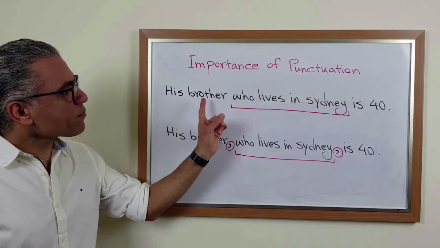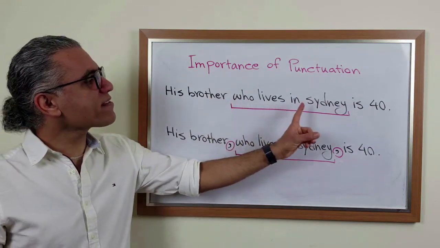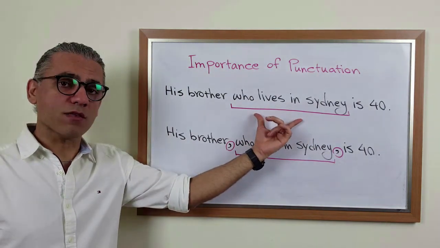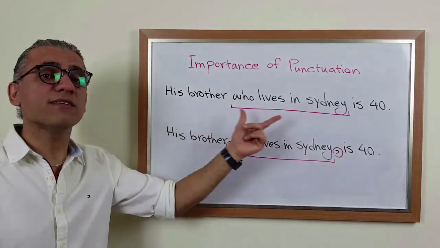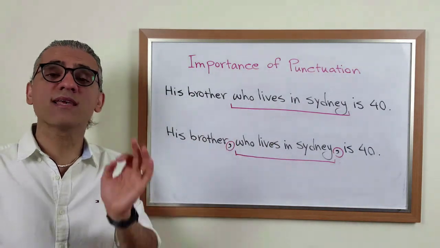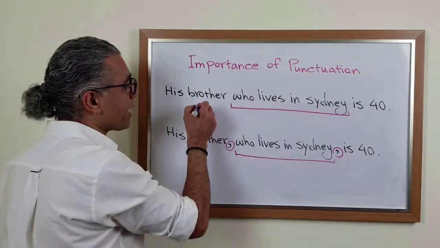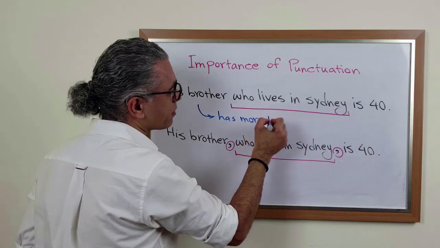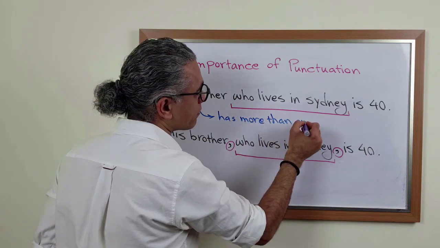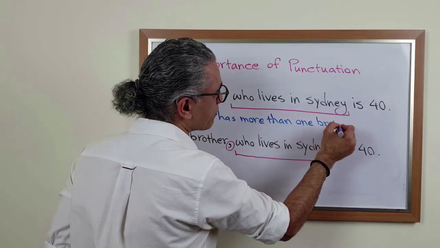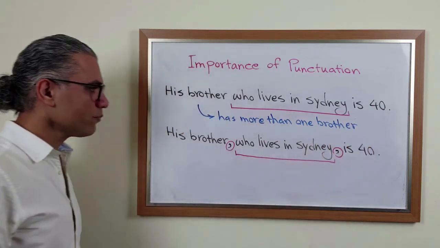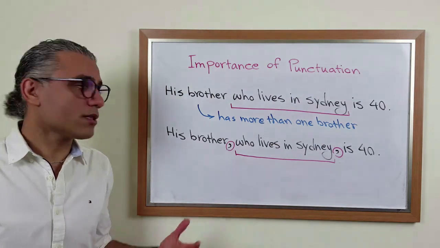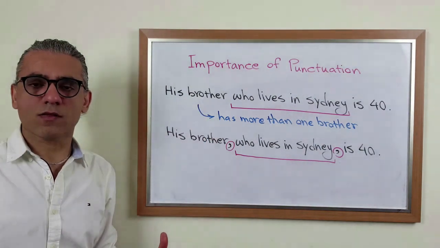When we say his brother who lives in Sydney is 40, you cannot remove this from the sentence. It means you are defining his brother. It means that person has more than one brother. Okay, so let's assume that you are reading either of these sentences in a novel.